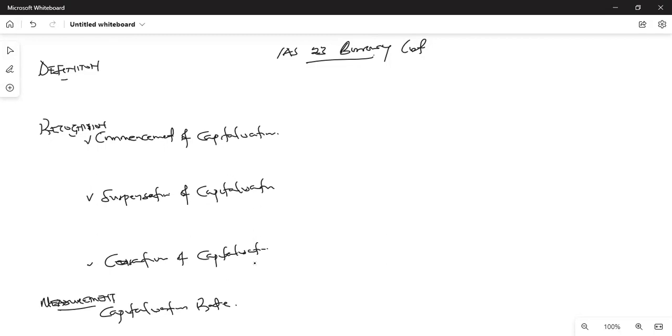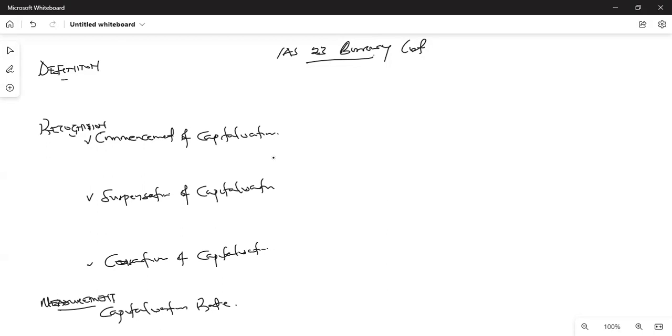Now, what is borrowing cost? When we talk about borrowing cost, we are trying to understand that the cost you incur in borrowing funds for a qualifying asset forms part of the cost of the asset.